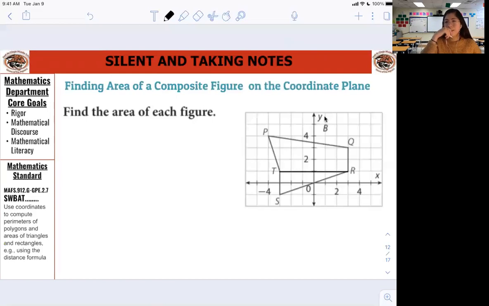Is there anything that we can do that connects 2 more dots that can make an easy to work with figure? There might not be anything else you can do at this time, which is okay. We can figure something else out. But I just want to see if anyone notices at least one more.